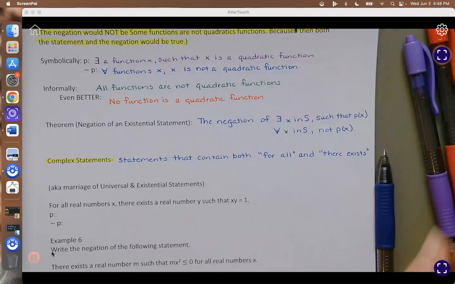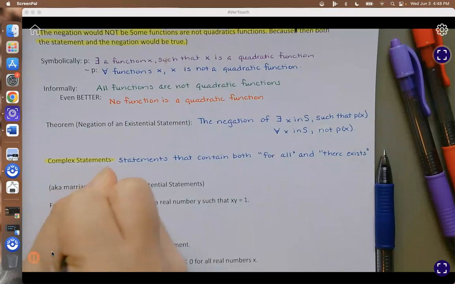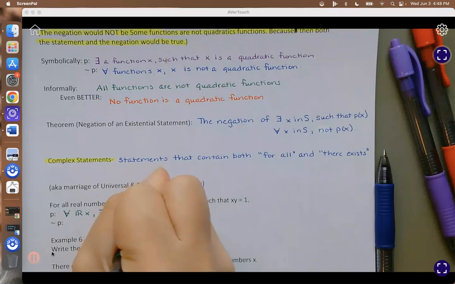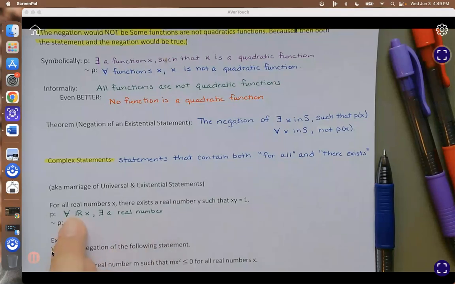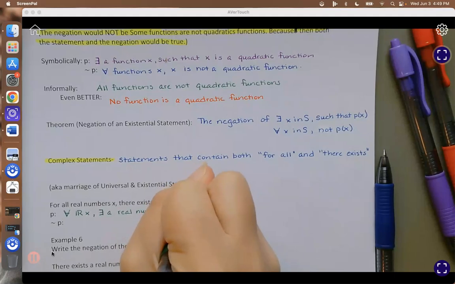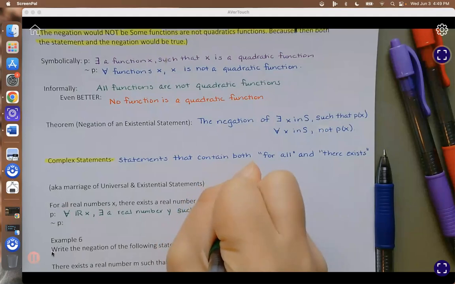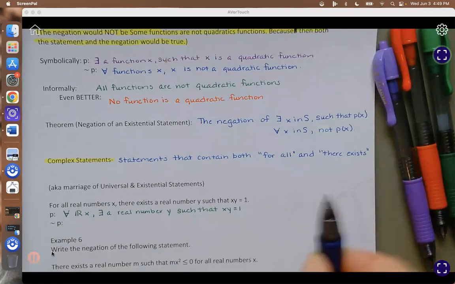All right. So how would we write this statement? For all real numbers x, there exists a real number, and you don't use your R there because this is one singular, this is the whole set. Real number y such that xy equals 1. So how would we change it?